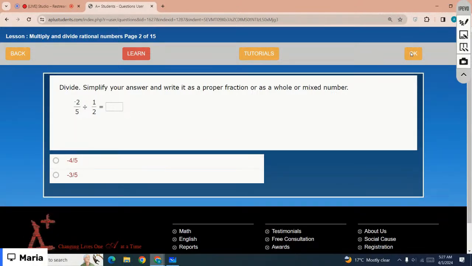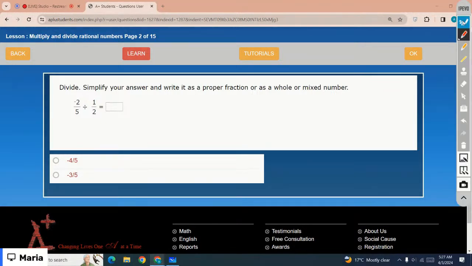Okay, divide negative 2 over 5 by 1 over 2. So, which is the correct option? You have to replace the division sign with multiplication. So, that would be negative 2 over 5 multiplied by 2 over 1. So, 2 times 2 is negative 4 and 5 times 1 is 5. So, that would be negative 4 over 5.